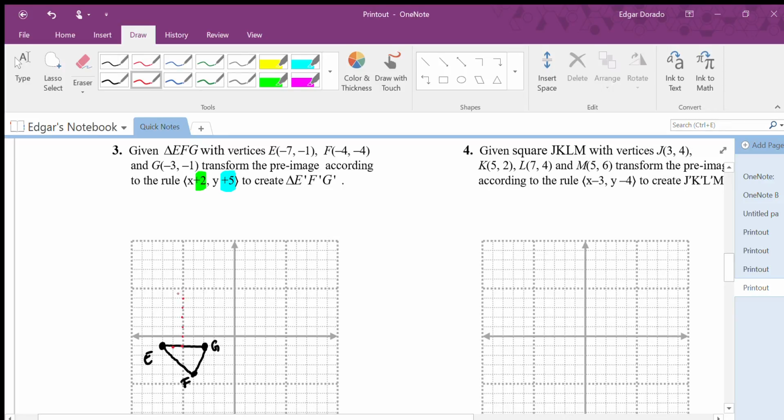I'm right there. That is my E prime. I'm going to do the same thing for G. So I'm going to go to the right 2, 1, 2, and up 5, 2, 5, right there. And then on my F, exact same thing. I'm going to go to the right 2 and up 5, 1, 2, 3, 4, 5, right there. Actually, this is my G prime.